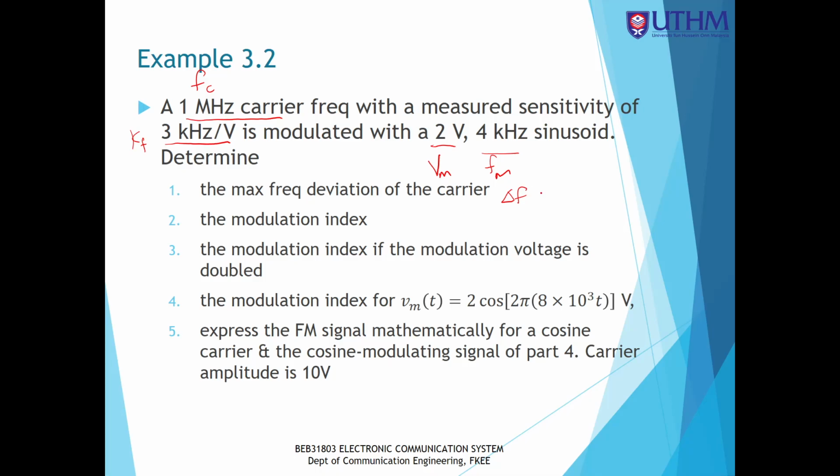Frequency deviation is equal to KF times VM. You put in 3 kilohertz per volt multiplied by VM. VM here is 2 volts, so you get 6 kilohertz.